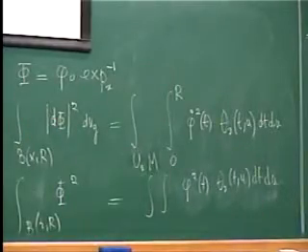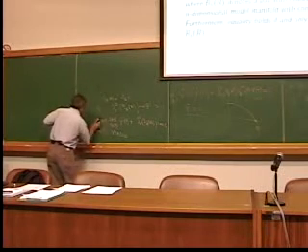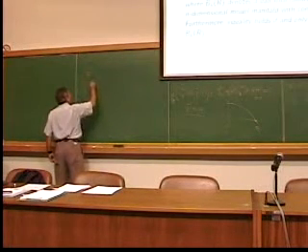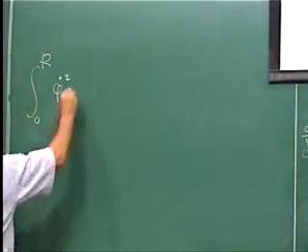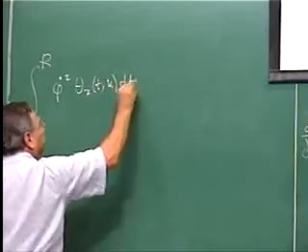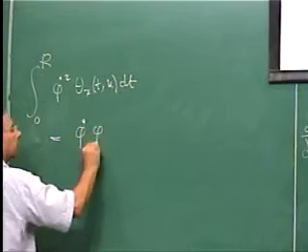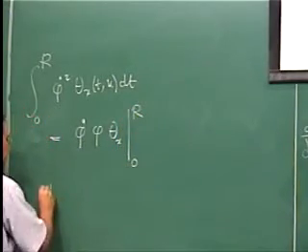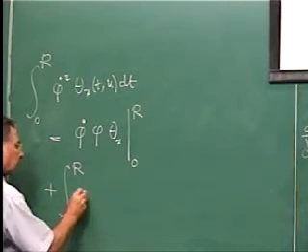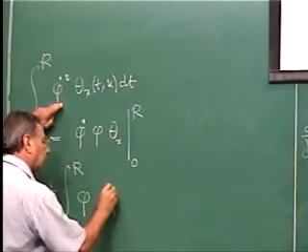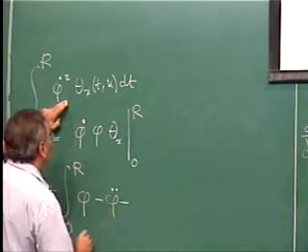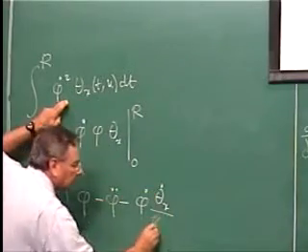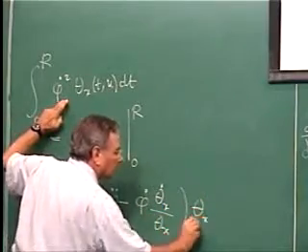Okay, so now let me look at this integral. You can integrate by parts. You can write that the integral from 0 to r of the derivative of phi squared theta is phi dot phi theta between 0 and r, plus the integral from 0 to r of phi times the second derivative of phi minus the first derivative, the derivative of theta with respect to t, like this.